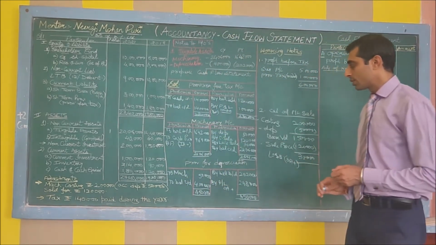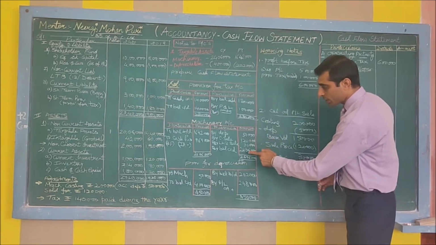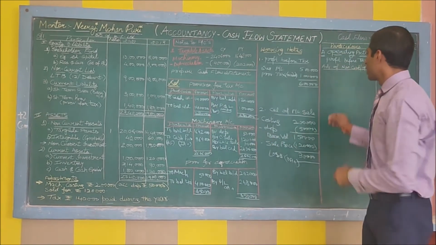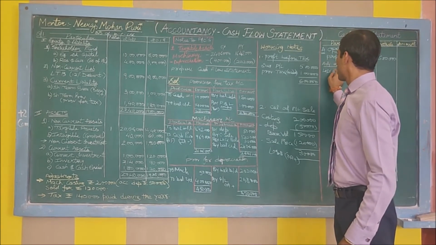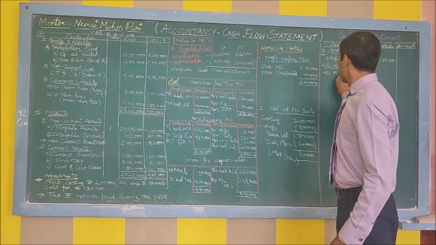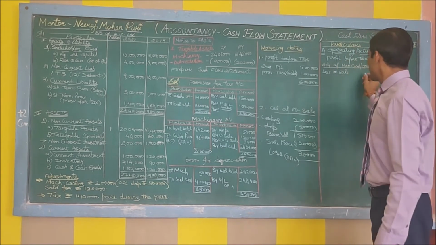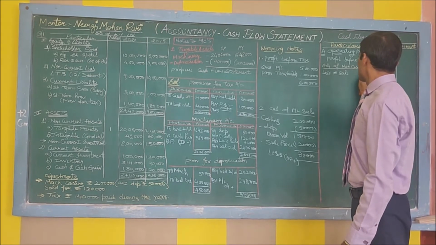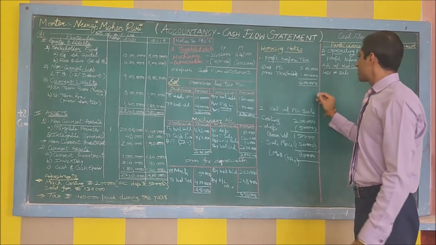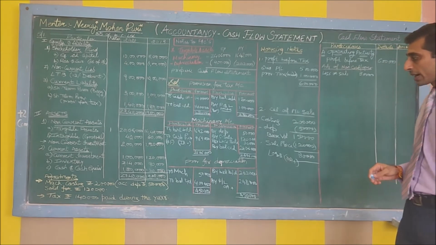From the machinery account, yes, your depreciation as well as loss will be brought here. Any profit or loss is shown here. Loss on sale of machinery was rupees 30,000. This will be shown as a positive value. Plus, in this we have to add depreciation.